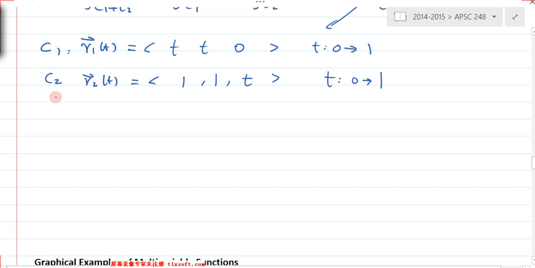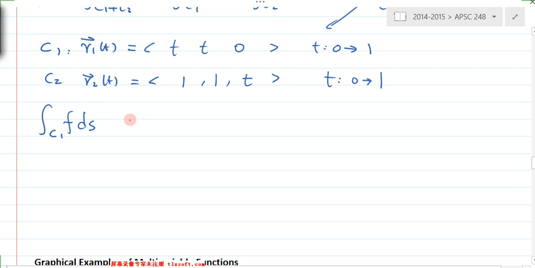Once you have C1 and C2, let's calculate the line integral along each one. What's the line integral along C1 first?